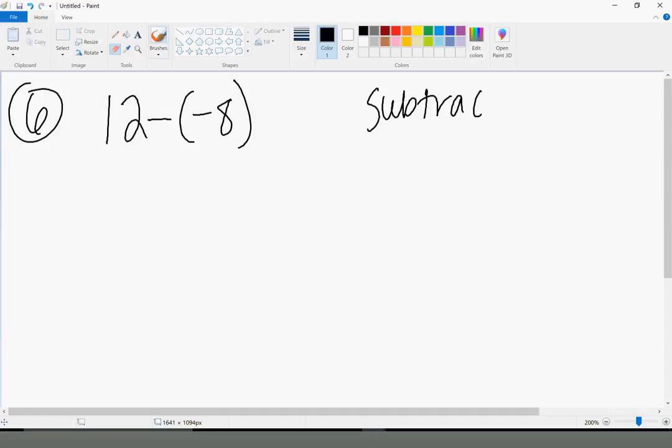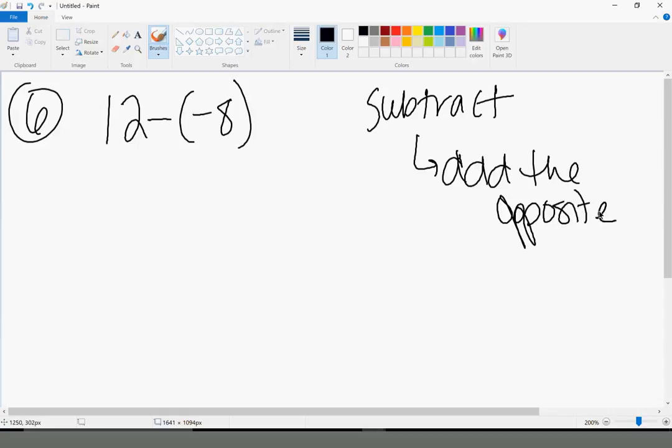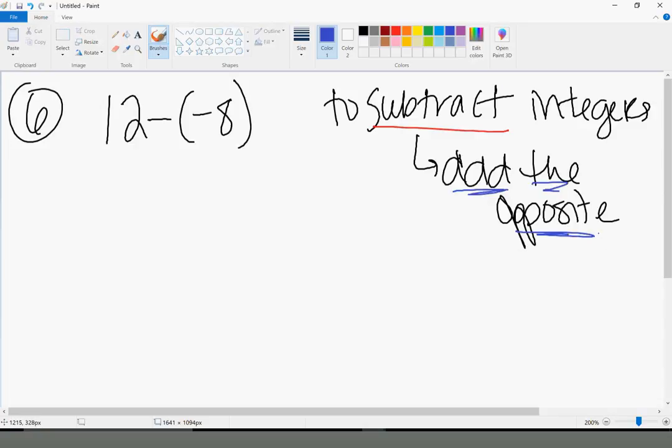Okay, so when you subtract integers, you want to change it to adding the opposite. All right? Okay, so here we are subtracting, 12 minus -8. So to add the opposite, we want to keep the first thing the same.